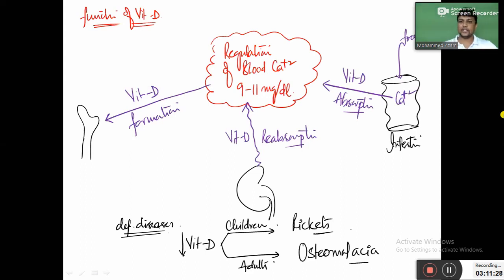Deficiency of vitamin D in children will lead to rickets, and deficiency of vitamin D in adults will lead to osteomalacia. And that completes the most important vitamin, vitamin D.